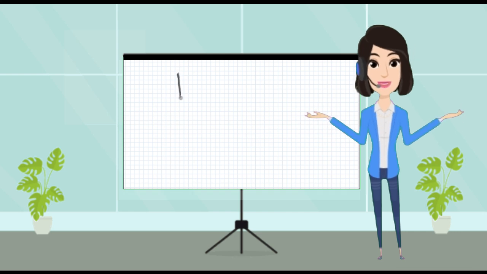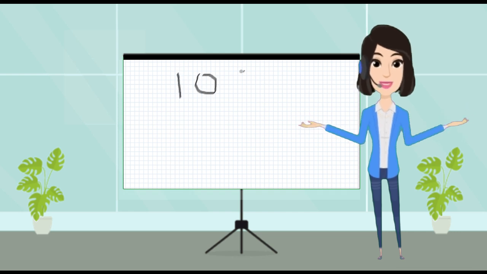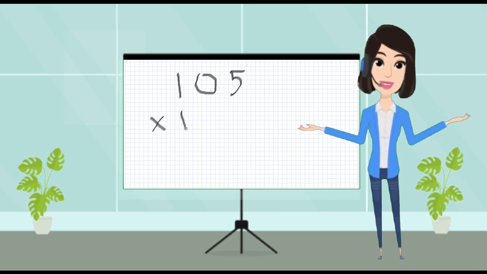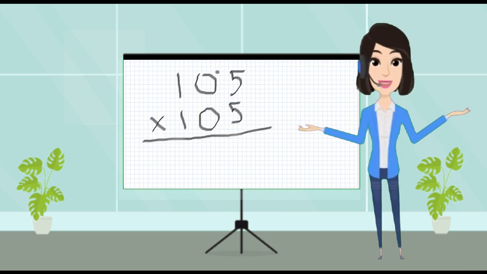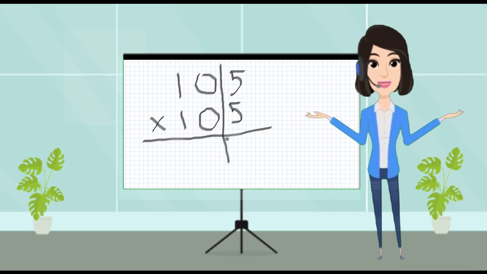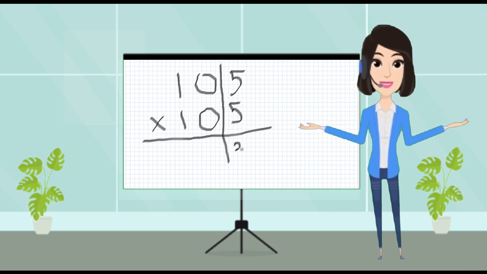Let's take 105 times 105. We're gonna separate it only the units place like this. 5 into 5, 25.